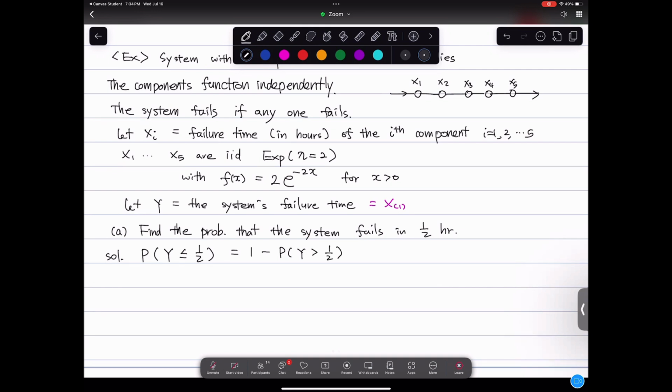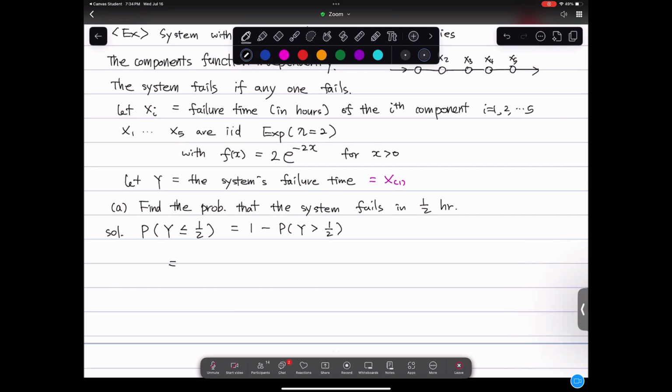It's because, let's write them down, this 1 minus the variable Y, which is the first order statistic, and I know what it means. It means the minimum failure time of all these random variables. So that means your Y variable, which is the smallest of these X1, X2, all of those X of n, is greater than 1/2.